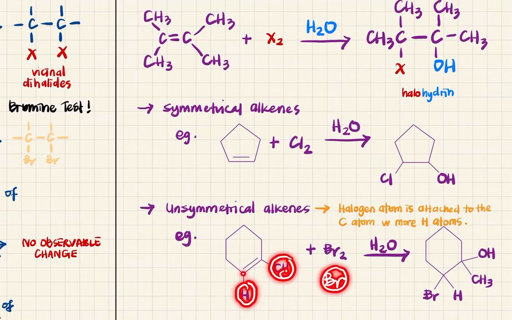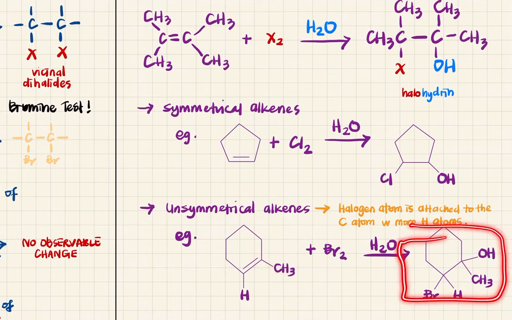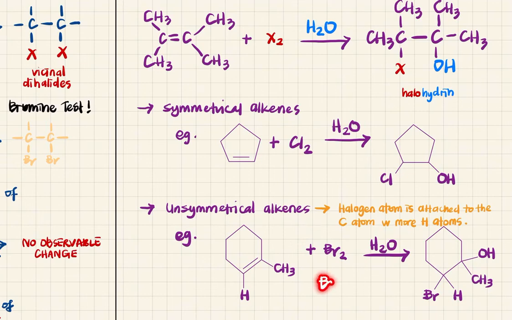That means Br will be added right here, and the OH will go to this other carbon. So this will be your product. Remember, the halogen, your X, will be attached to the carbon with more hydrogen.